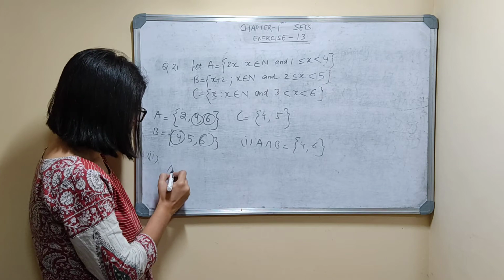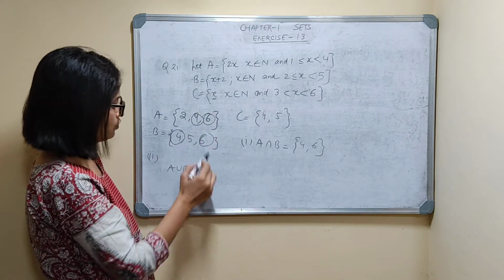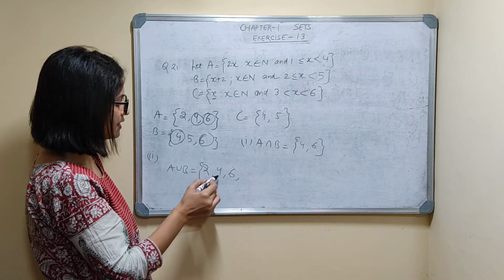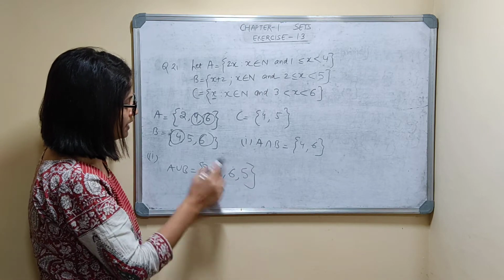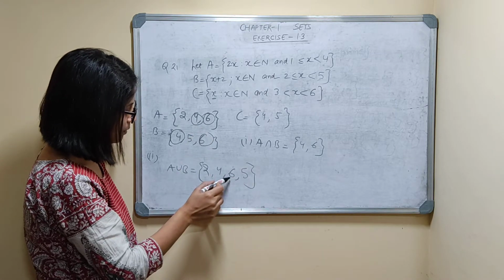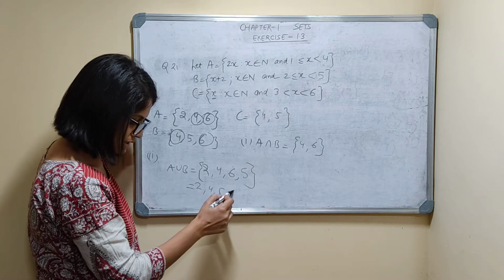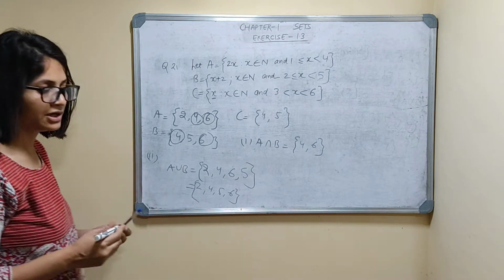Second part is A union B. First I write A: 2 comma 4 comma 6, and in B, 4 is already there. So again I won't write it. I can write 5, and 6 I have already written from the A set, so I can't write it. So 2 4 5 6 is A union B.